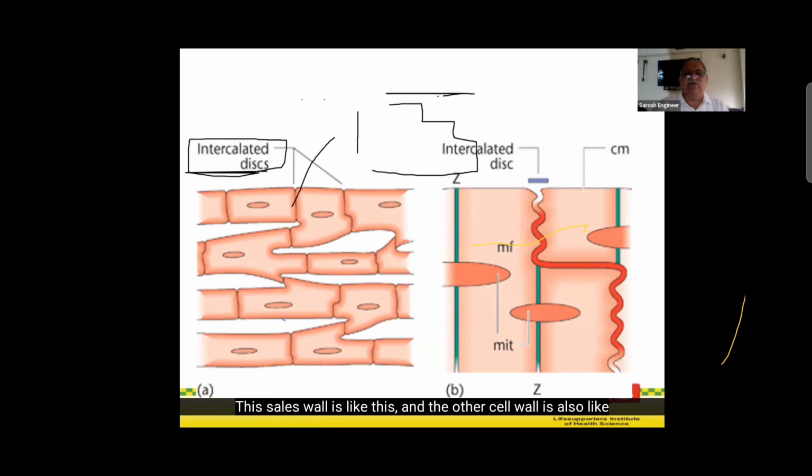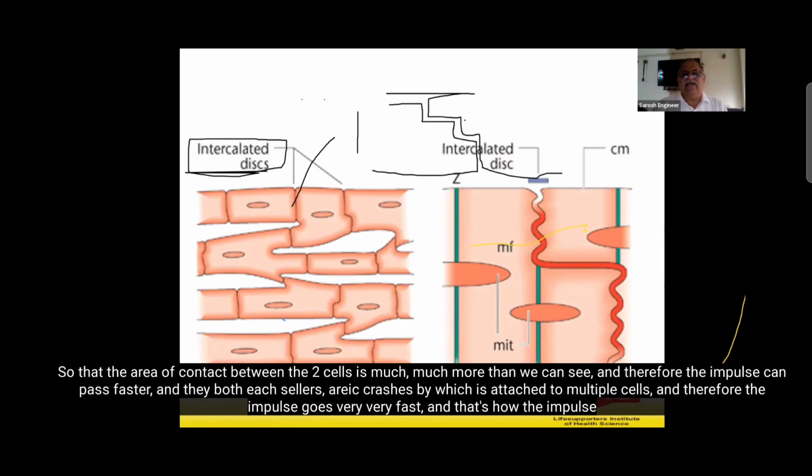And the other cell wall is also like this. So the area of contact between the two cells is much, much more than we can see. And therefore, the impulse can pass faster. And each cell is having branches by which it is attached to multiple cells. And therefore, the impulse goes very, very fast.